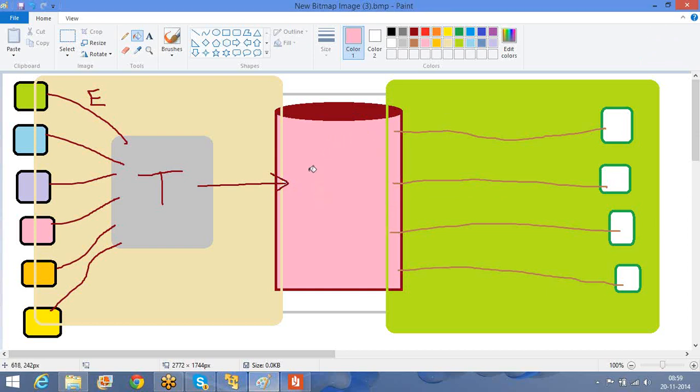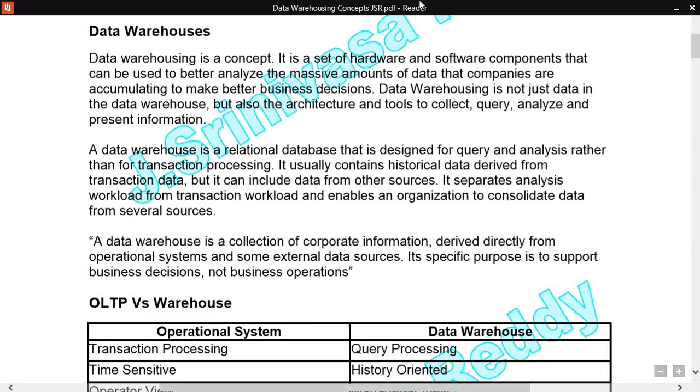The consolidated data which resides in your database, which you are maintaining for your decision support systems, is what is known as a data warehouse. So all of you clear about what is a database, what is a data warehouse and what is data warehousing?